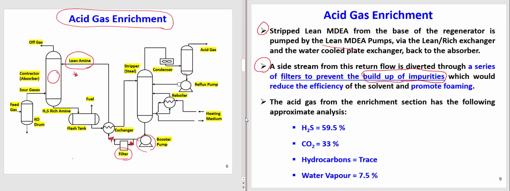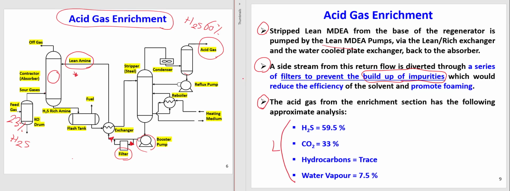The acid gas from the enriched section has the following approximate analysis. So as I said, here it has about 23%, and at the end here it has about 60% H2S. So it comes in at 23, it leaves at about 60. So this is the specification of the stream that we have at the end.